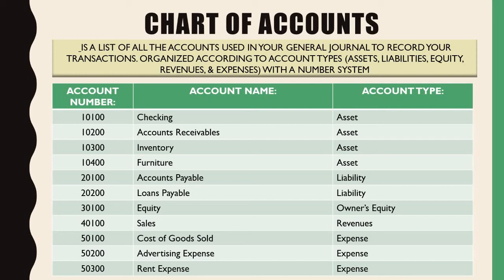It could also be a sequence if that's easier for you. You could use a combination of numbers and letters. So if it's easier for you to start with all your assets as A100, then you go ahead and do so, as long as you keep a consistent form of listing out everything.